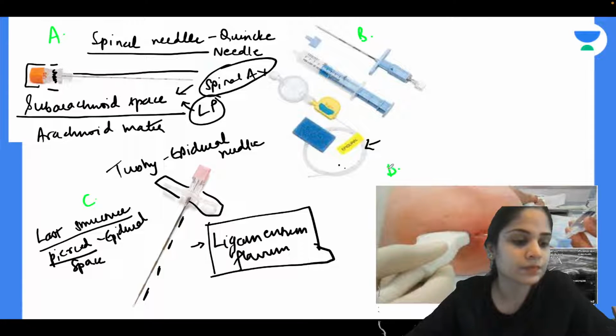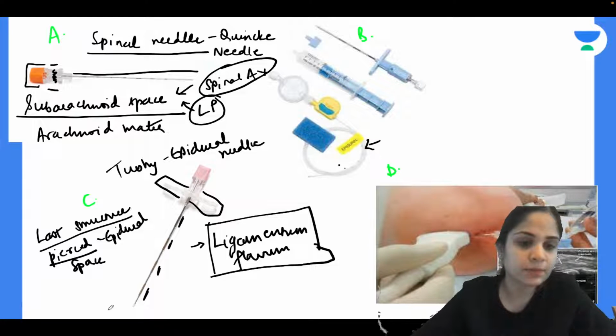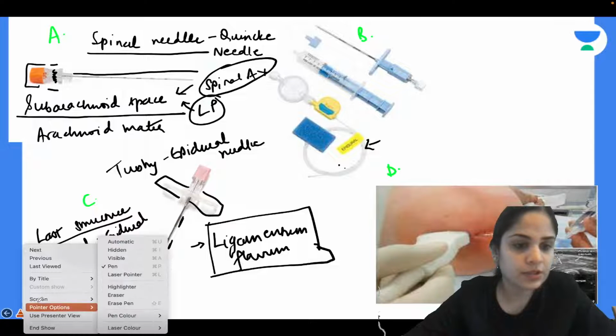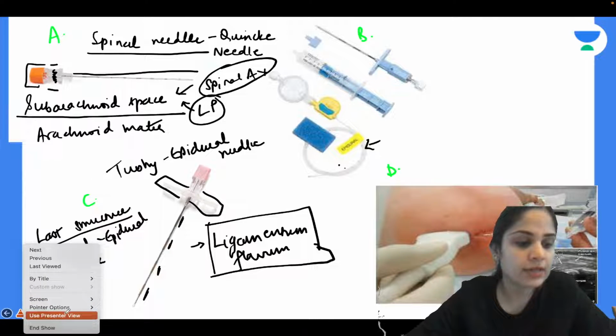Manoj, Neeraj, what is there in option B? What is there in option D? Okay, so Neeraj mentioned correctly before. He said that option D was nothing but caudal anesthesia.